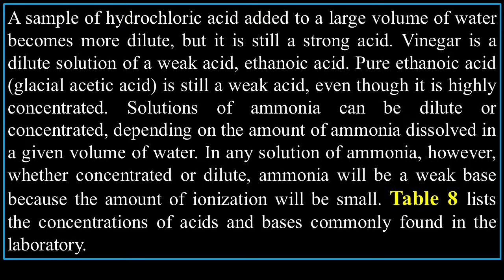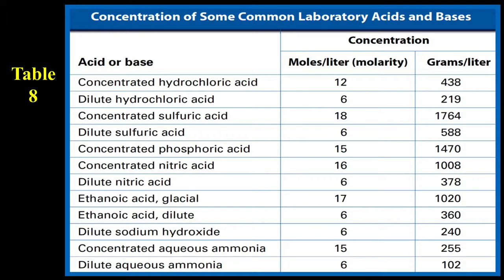Table 8 lists the concentration of acids and bases commonly found in the laboratory. In industry, you use enormous quantities of acids and bases, on the order of billions of dollars. Here are some common acids and bases and their concentrated form.